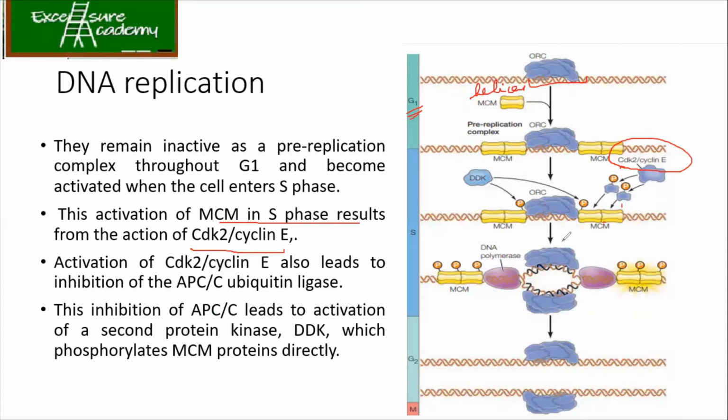The inhibition of APC leads to activation of a second protein kinase, that is DDK, which phosphorylates MCM proteins directly. After phosphorylation, the mini chromosome maintenance proteins, that is the helicase, get activated. Once activated, they open the DNA structure, and replication starts.